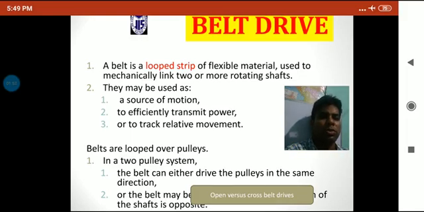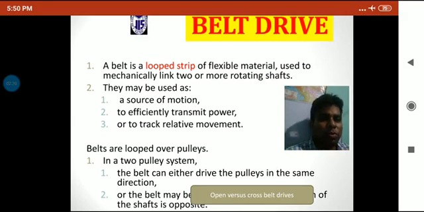And the belt is a flat or V belt, any type of belt that I can use for the design purpose, but the function of the system is the same. We can use either a flat belt, a V belt or a rope belt. Different types of belts are there.